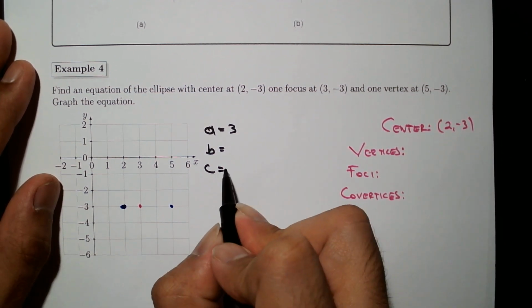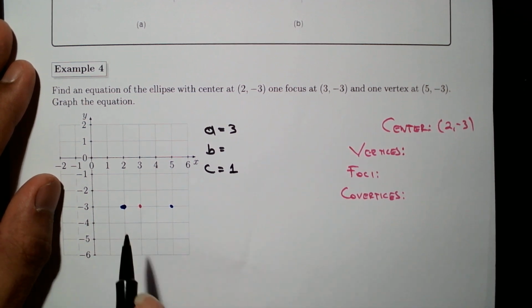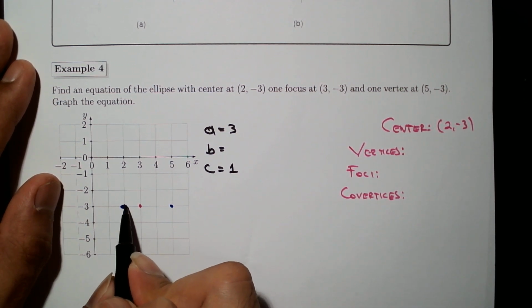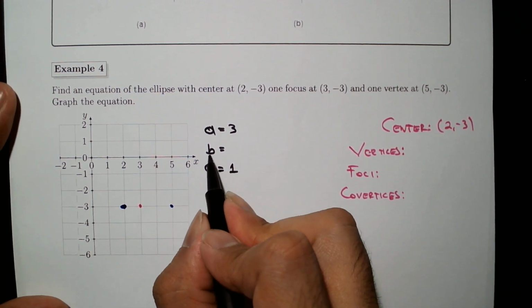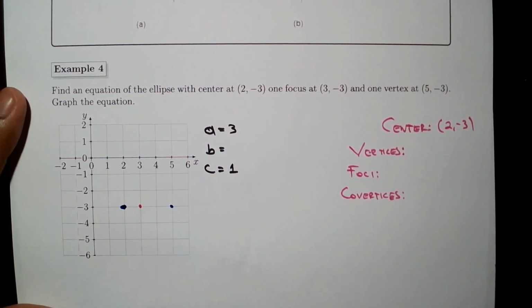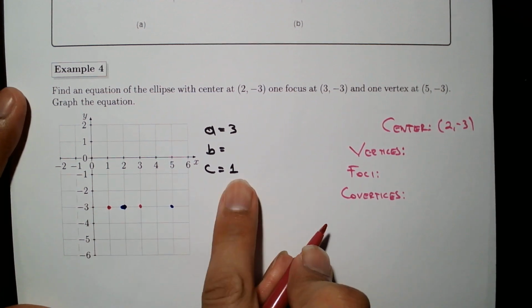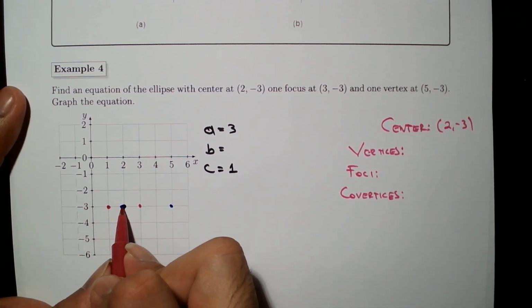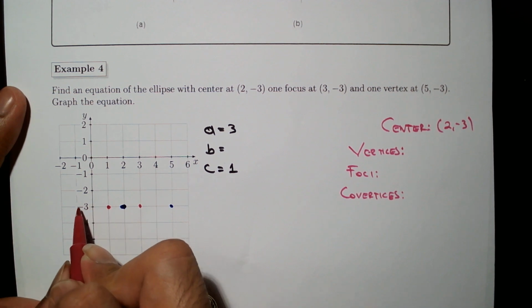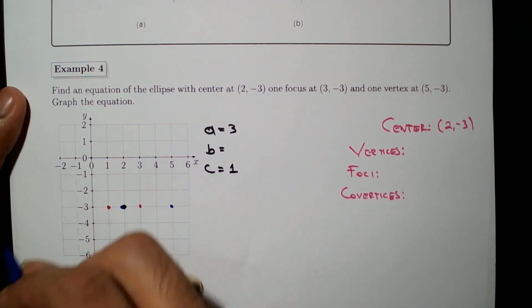However, we know the focal distance, which is 1 unit. That is the distance from the center to the focus. By symmetry, I'm going to go -1 unit. And for the other vertex, I'm going to move from the center 1, 2, 3 units.